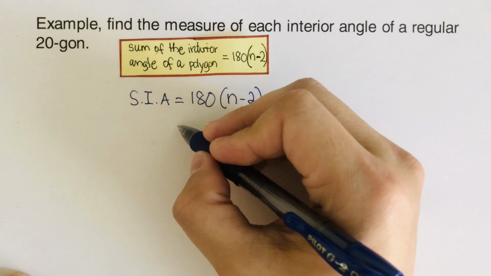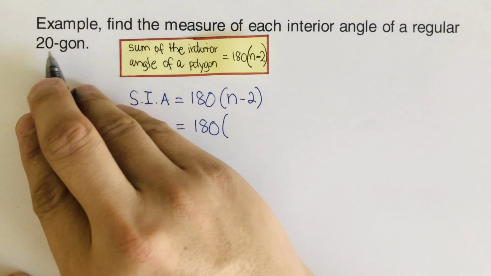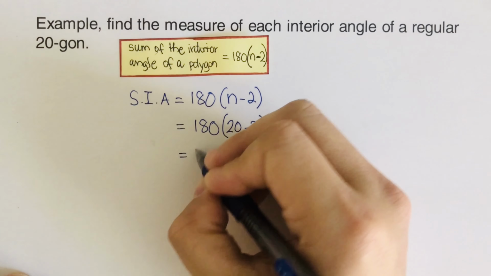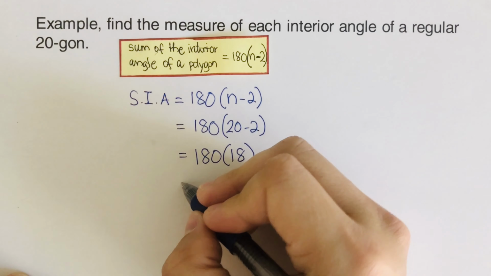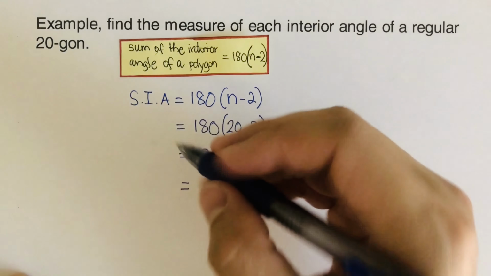So that is 180 times 20 minus 2, which equals 180 times 18. So the sum of the interior angles of this 20-gon is 3,240.